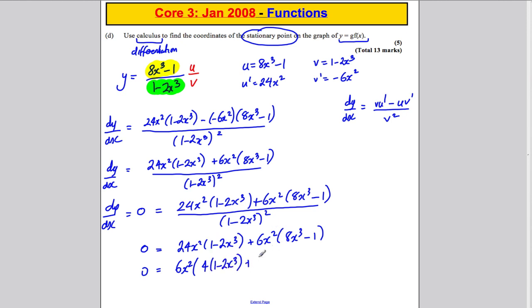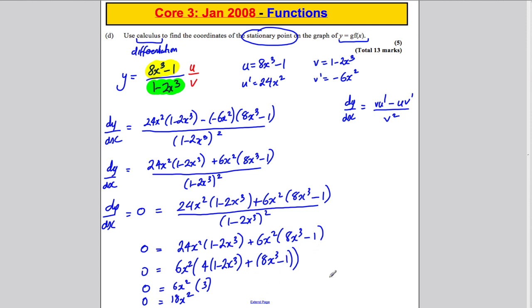From this I'm just left with this bracket. So 0 must be 6x squared. If I multiply this out, I get 4 subtract 8x cubed plus 8x cubed subtract 1. So actually the 8x cubes cancel and I just get 4 subtract 1, which is 3. And I just get 0 is equal to 18x squared actually. It simplifies to something very similar.